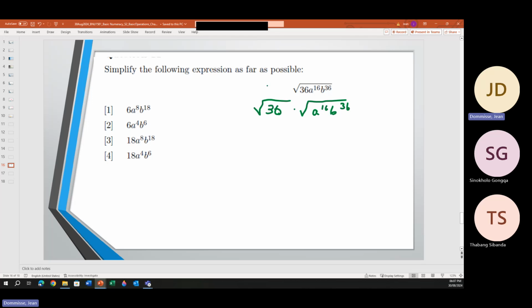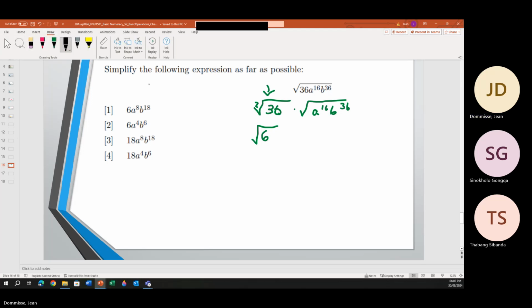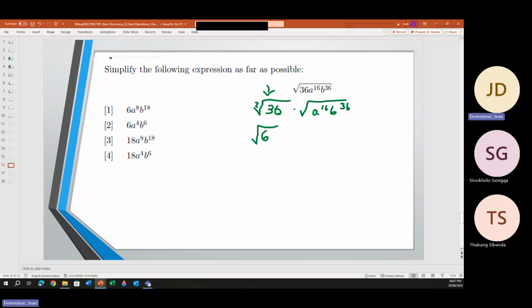So let's first work now with the numbers. So 36, we know that, and you can put it in your calculator, the square root of 36 is 6. But for us to simplify it, how I look at it is I see this line as a division line.